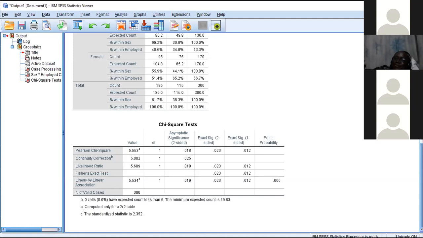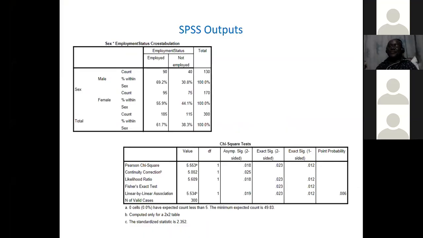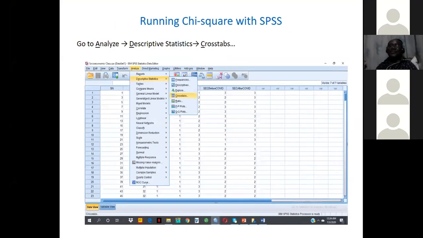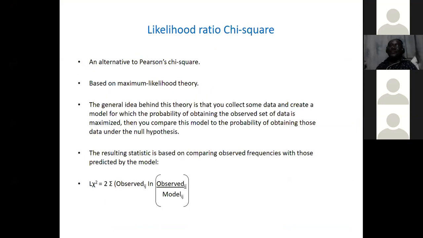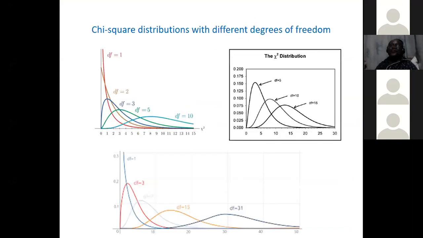Let me go to the slide I showed you yesterday, so that you know it's there. You say the expected value should be at least 5 in up to 80% of the cells. It's one of the conditions.